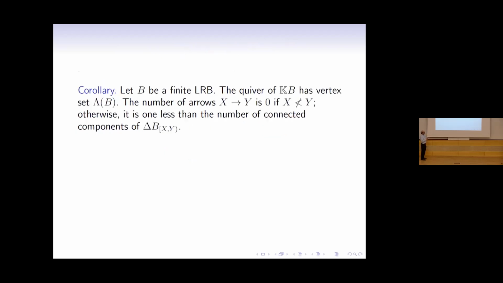I don't want to spend too much time on that, but here's the corollary. The graph of the quiver has as vertices the simple modules of the algebra, and the number of edges is the dimension of the first Ext space.